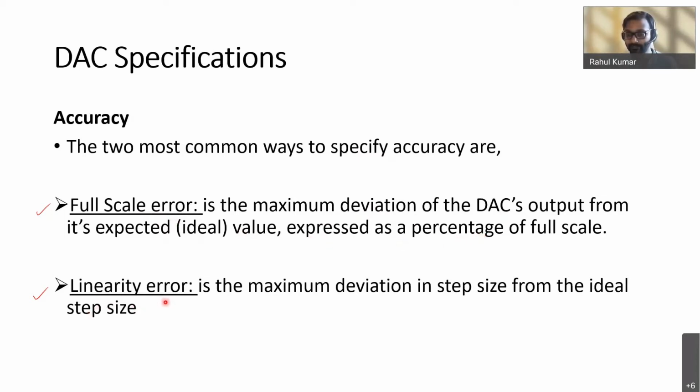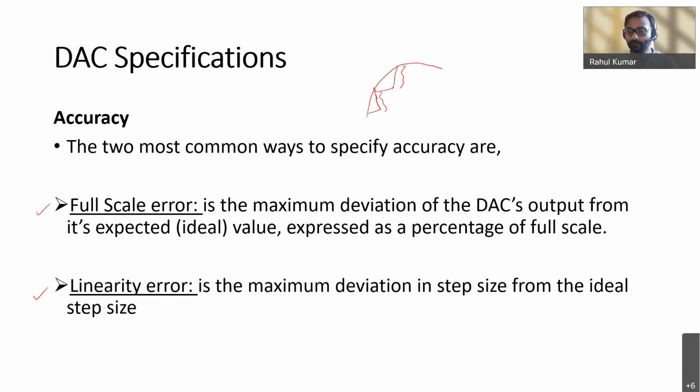Linearity error is the maximum deviation in step size from the ideal step size. Since you have an analog signal which is changing, you cannot use the same step size. Sometimes you may have a little higher step size, sometimes a smaller step size.